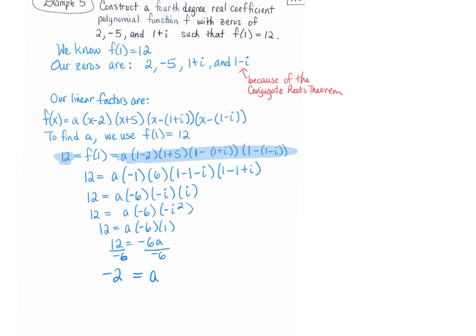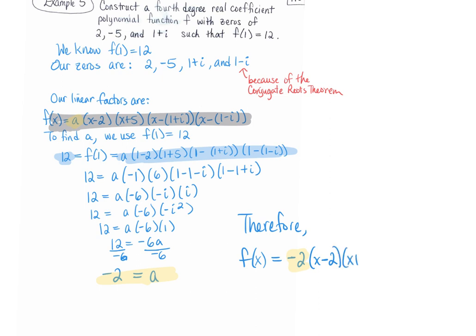So we know f of x, therefore, f of x is equal to negative 2 times x minus 2 times x plus 5.